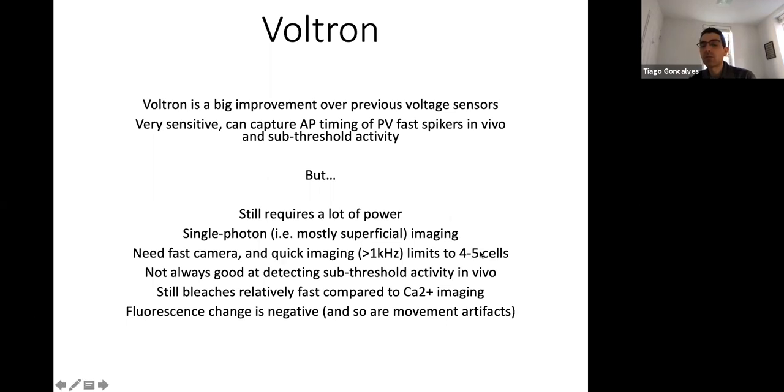It limits you to 4 to 5 cells that you can image, and it still bleaches relatively fast compared to calcium imaging. And the fluorescence change is negative, which is not very good because your movement artifacts are also negative. It may sound like a silly thing, but whenever you have a sensor, you always want it to go up instead of down.